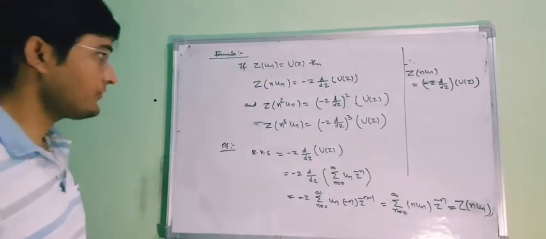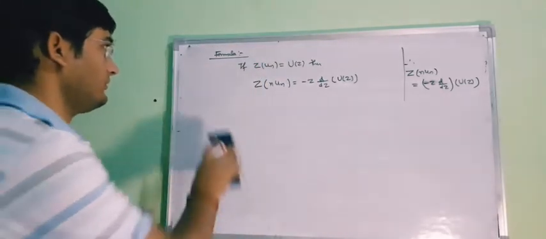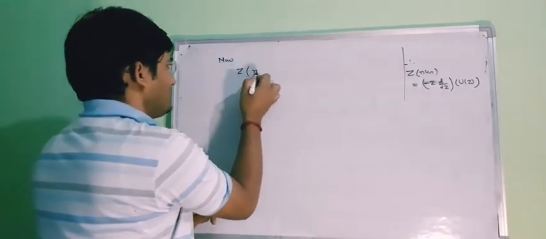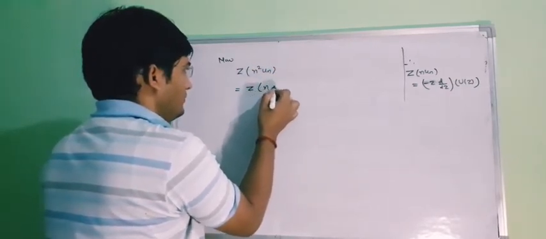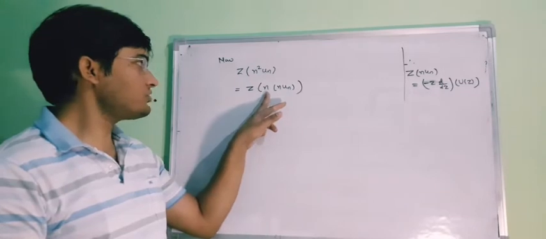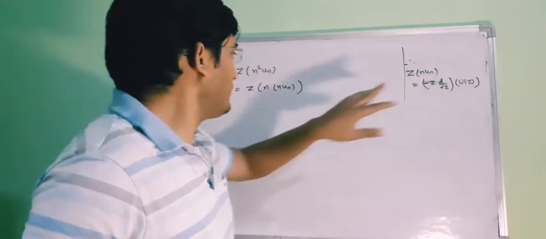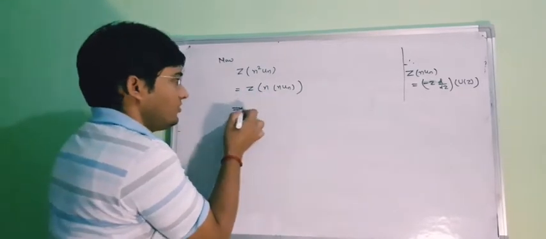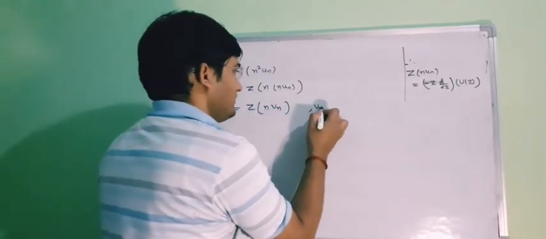Now let us compute the Z transformation of n square un. This can be written as Z of n times n un. Suppose that vn is n into un.